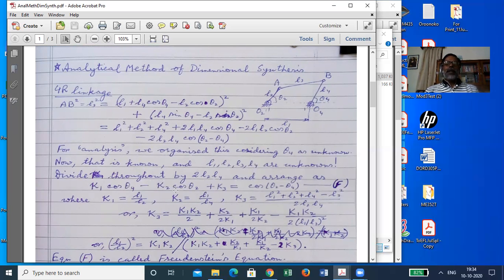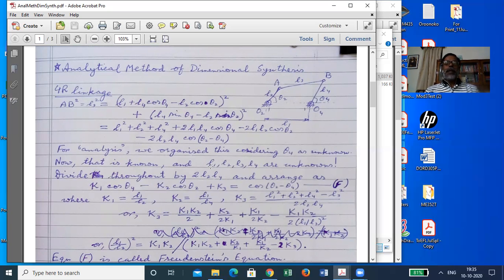As it is a single equation in theta 2 and theta 4, when the link lengths were known, then basically you knew K1, K2, and K3, and therefore, given theta 2, you could determine theta 4. Now, K1, K2, K3 are actually not known.